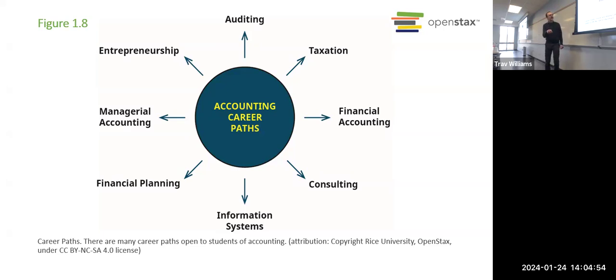You can go into financial planning. That could be for companies to help them make financial plans, like where to invest their extra money. But it could also be with individuals and families, helping them figure out how to invest their money, how to protect their assets and things like that.